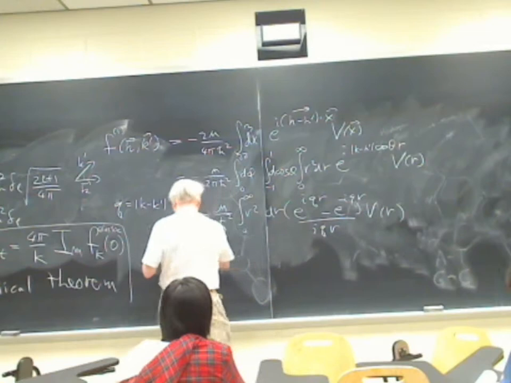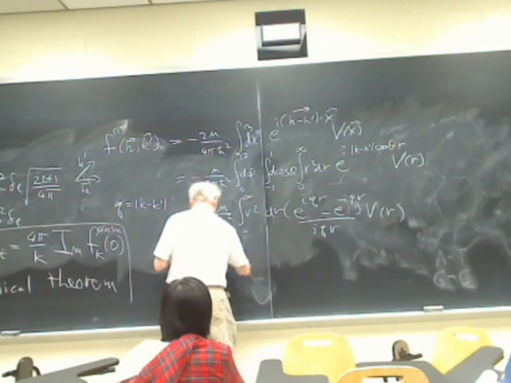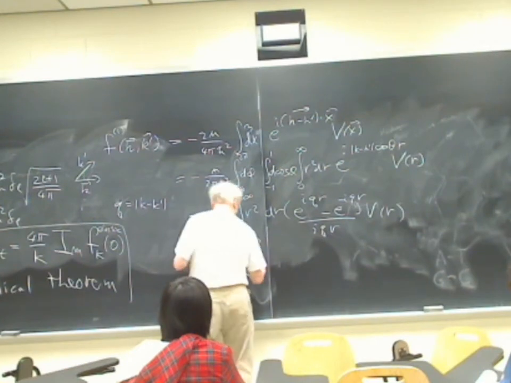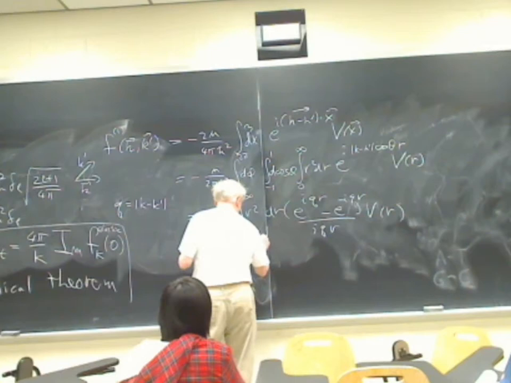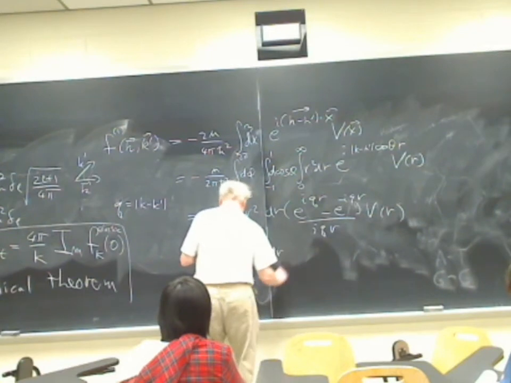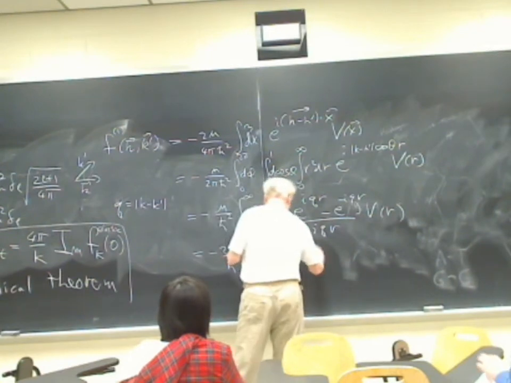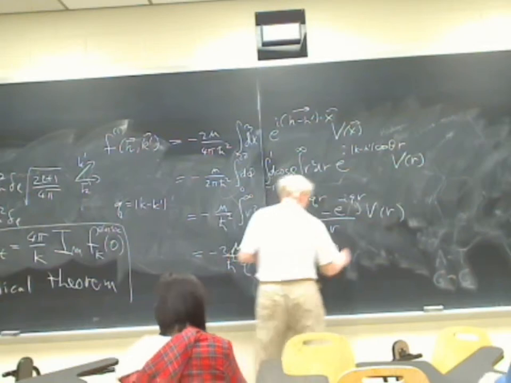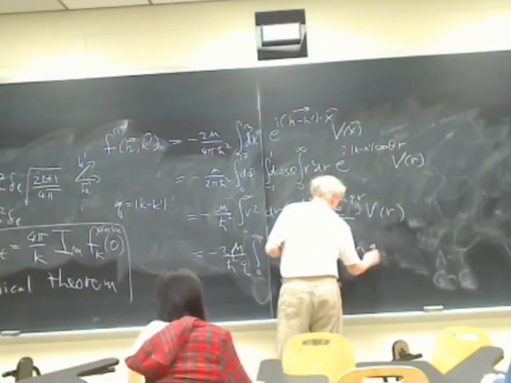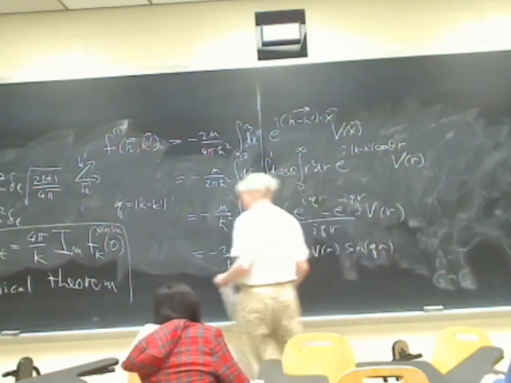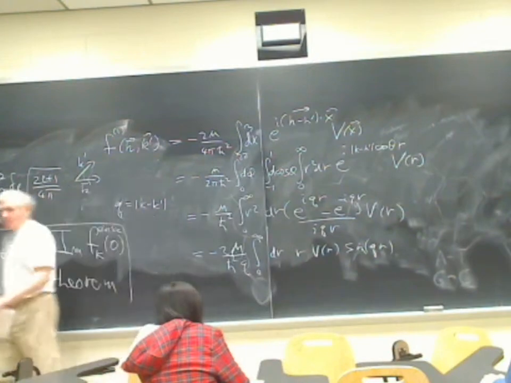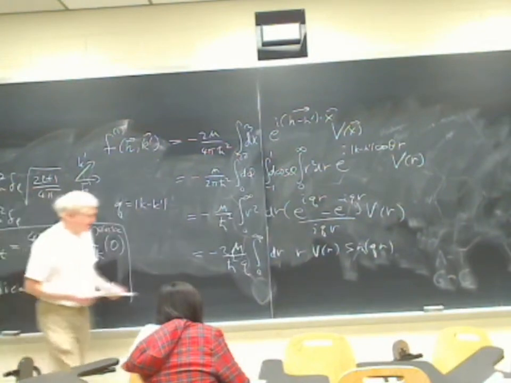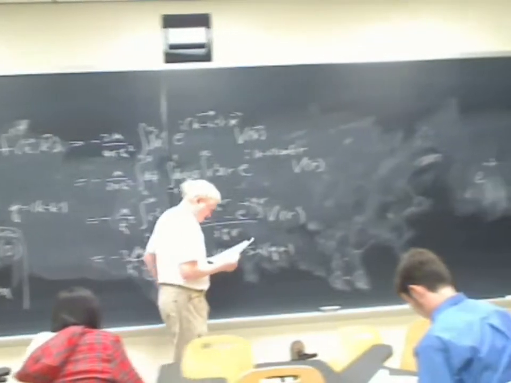And so altogether then this is minus 2 mu over h bar squared q, integral 0 to infinity dr r V of r sine qr. Okay, so that's the expression. We can't continue because we don't know what V is, but that's the expression.